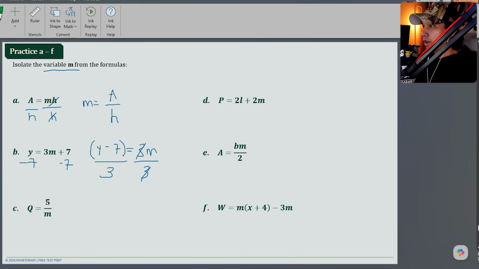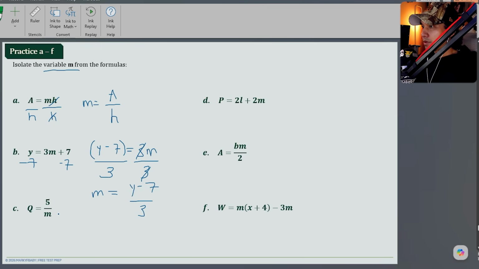This is like one term, okay? y minus 7 divided by 3, equaling m. Write it cleanly. I get m equals y minus 7 divided by 3. Easy.